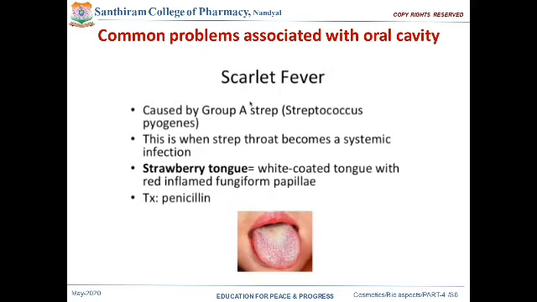Next, we have scarlet fever caused by group A strep, which I like to think of as Streptococcus pyogenes being the classical group A strep. This is when strep throat basically becomes a systemic infection, and classic oral mucosal lesion is strawberry tongue, which is this white coated tongue with red inflamed fungiform papillae.